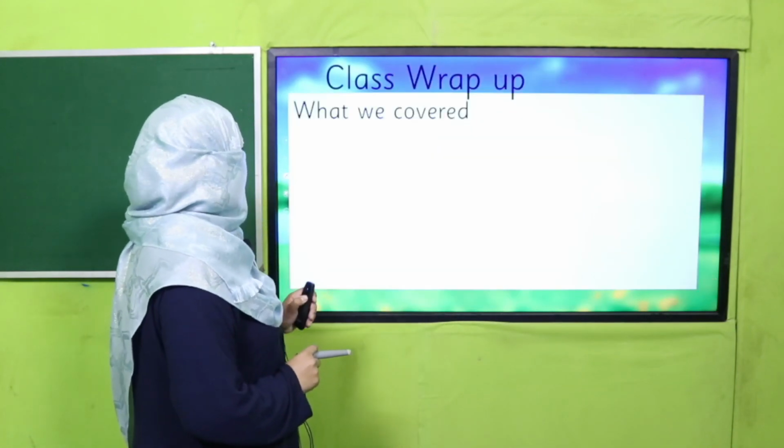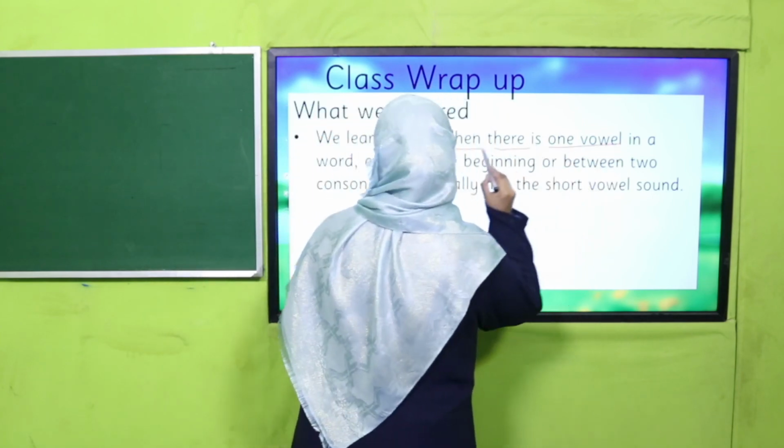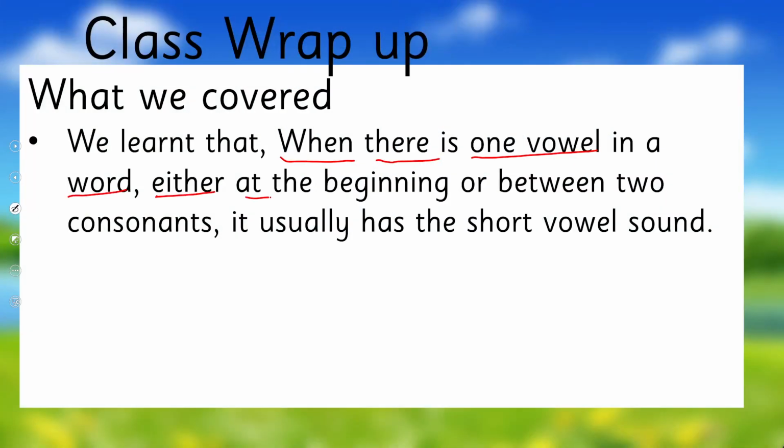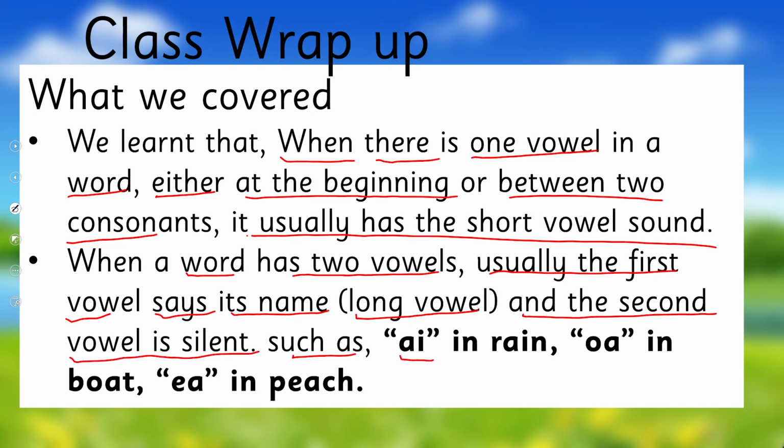So what we have learned today, we learned that when there is one vowel in a word, either at the beginning or between 2 consonants, it usually has a short vowel sound. And when a word has 2 vowels, usually the first vowel says its name, that is the long sound, and the second vowel is silent, such as AI in rain, OA in boat, and EA in beach.